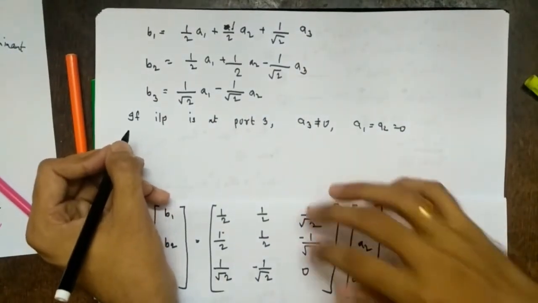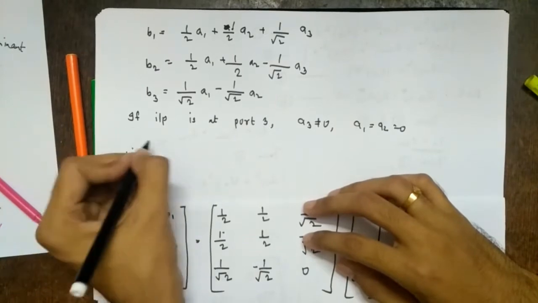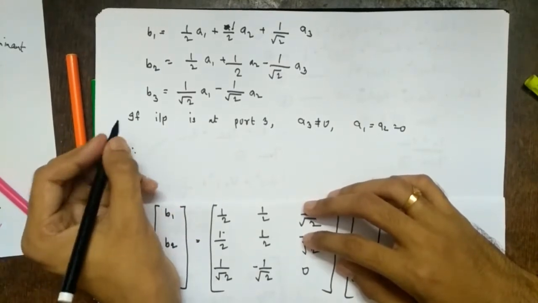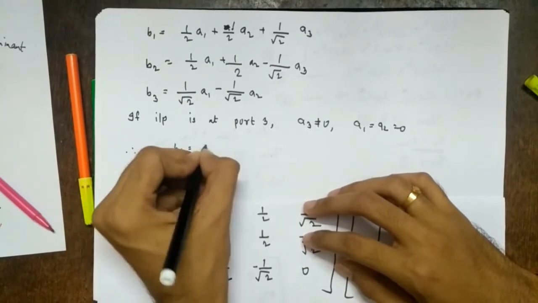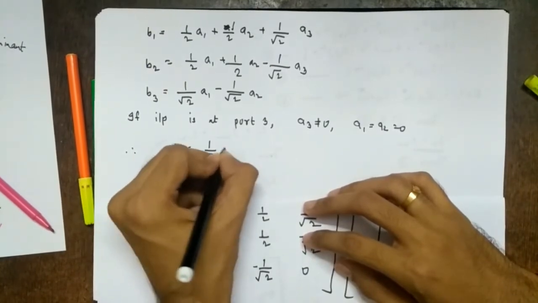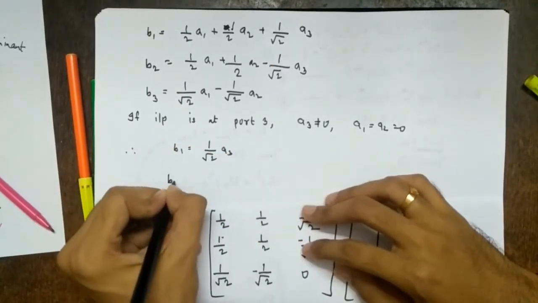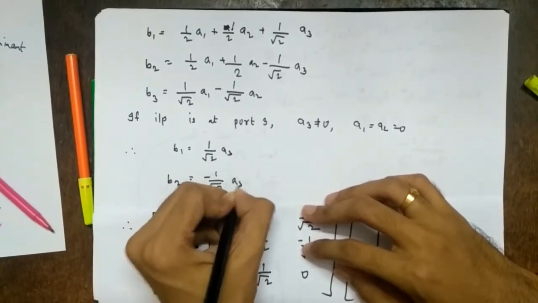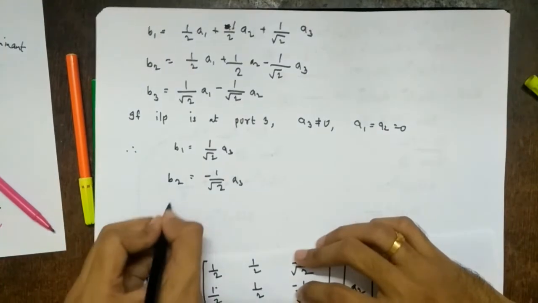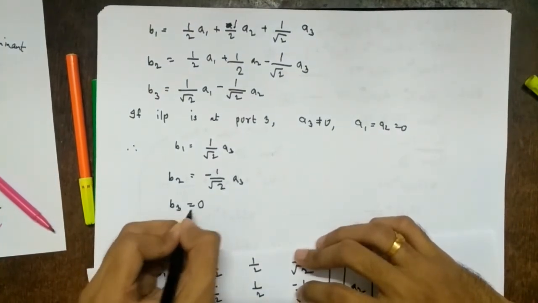Because obviously we can give input from one port only if you want to divide the power. So therefore B1 equal to 1 by root 2 A3. What will be B2? Minus 1 by root 2 A3. And what will be B3? 0. Right?